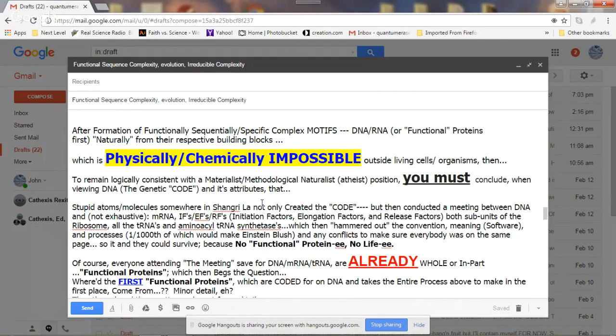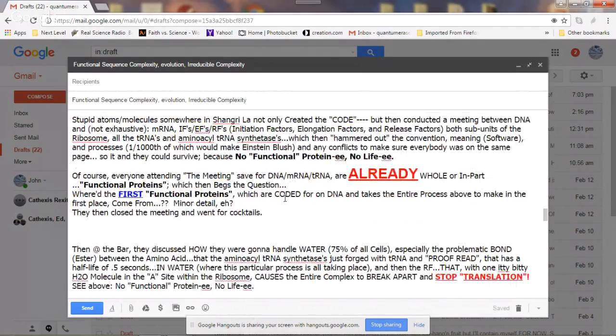Then, to remain logically consistent with the materialist, methodological, naturalist, atheist position, you must conclude, when viewing DNA, the genetic code, and its attributes, that stupid atoms and molecules somewhere in Shangri-La not only created the code, but then conducted a meeting between DNA and, not exhaustive, messenger RNA, the IFs, EFs, and RFs, both subunits of the ribosome, all the tRNAs and the amino-acyl tRNA synthetases, which then hammered out the convention, the meaning in the software, and processes, 1/1000th of which would make Einstein blush, and any conflicts to make sure everybody was on the same page, so it and they could survive.